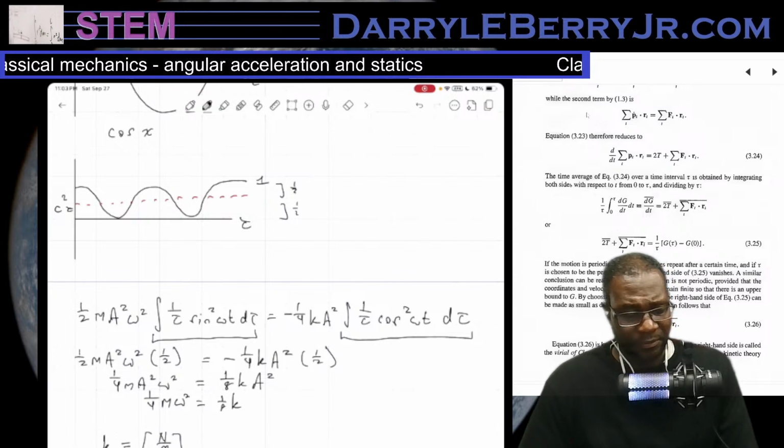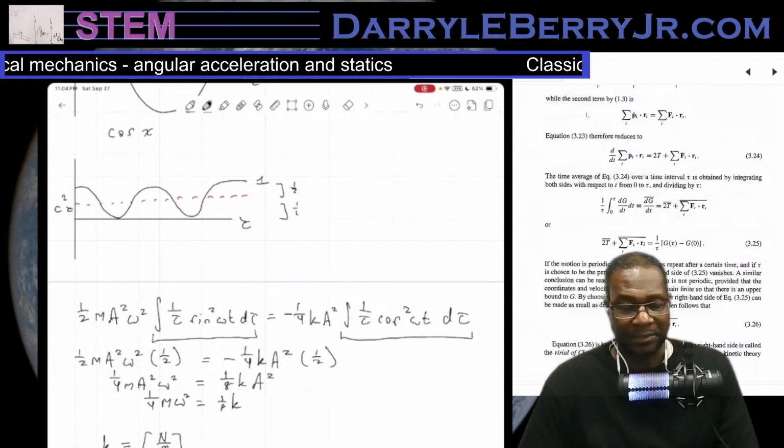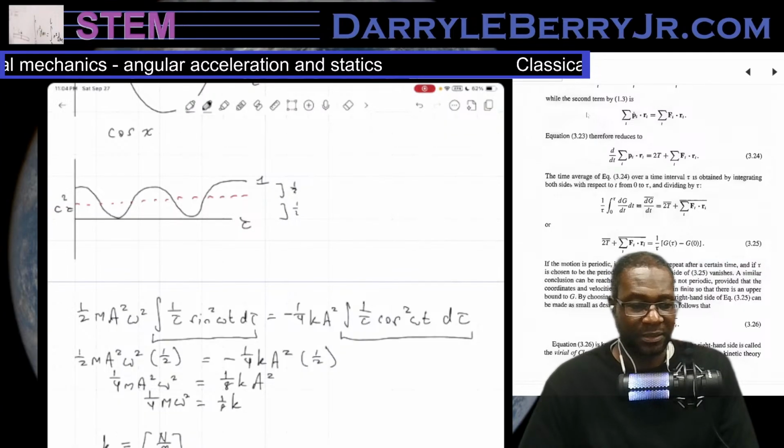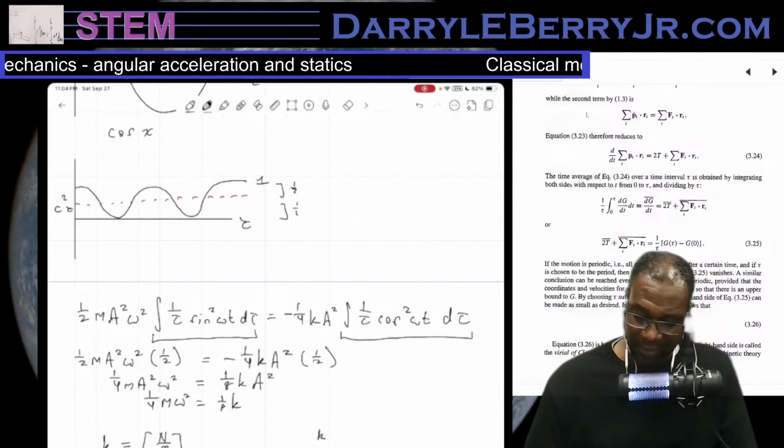I did an angular problem for you all, so I actually did that problem really well, and I got it. But I had to end up getting the spring constant. It was like a crazy problem with gravity and springs. There were a few things in there together. And what I found was that when I solved for the spring constant, I remember it being kilograms per second squared.